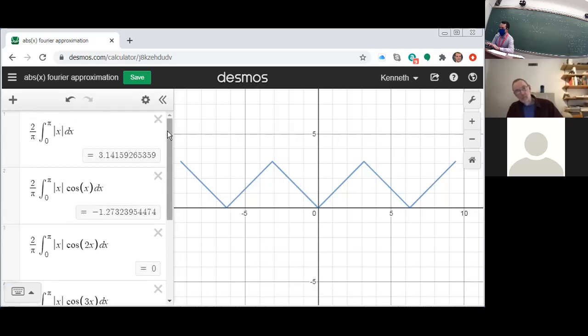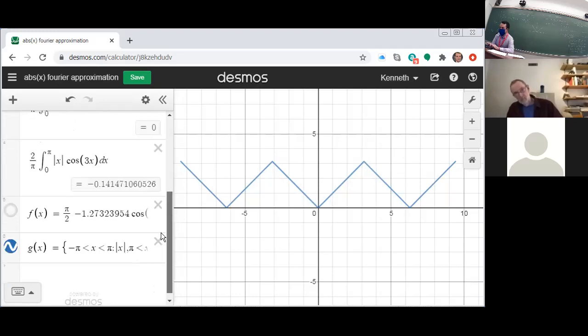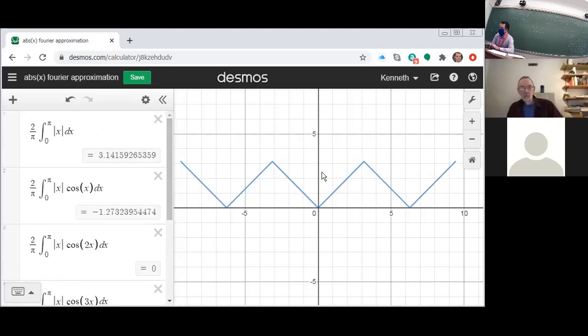Let's look at an approximate Fourier series for this. Since this is an even extension, the Fourier series is going to be a cosine series.